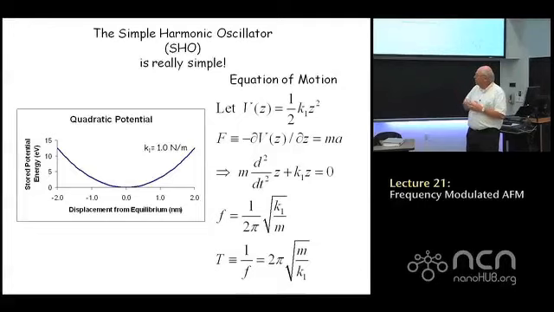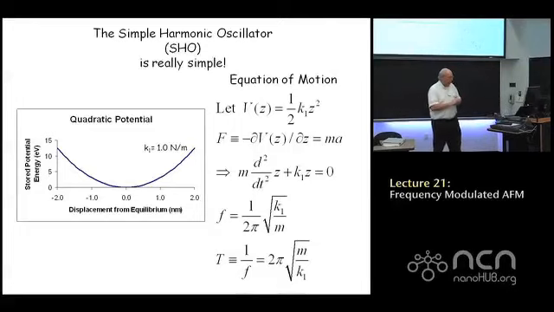That period of oscillation is referred to as capital T, and it's defined to be 1 over the frequency f. So if you measure the frequency of oscillation of your cantilever, the time it takes to undergo one complete cycle of oscillation is just 1 over that frequency. So these are important parameters that we need to keep track of, right?